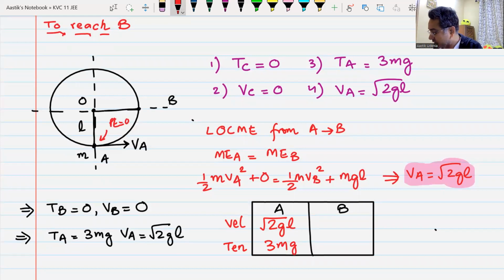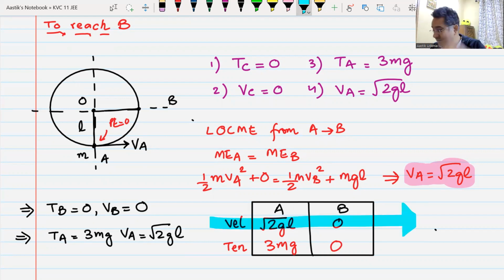At point B, the velocity from root 2gl becomes 0, and from 3 mg it becomes 0. You will see the same pattern here as you saw there.